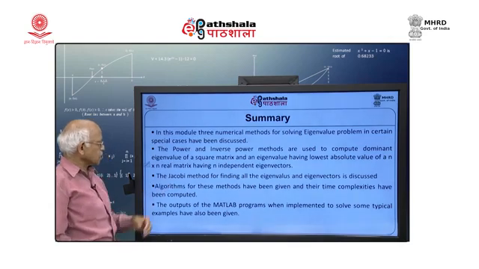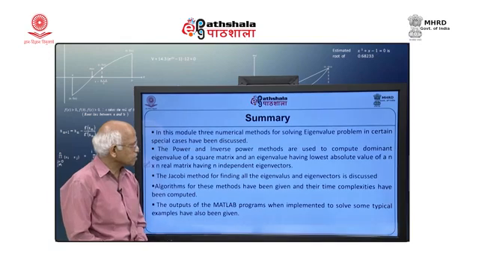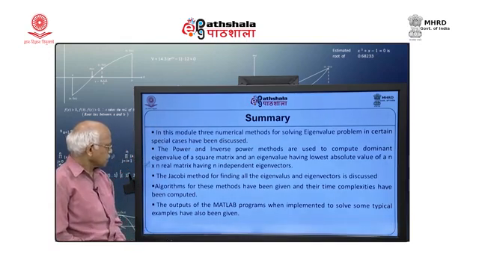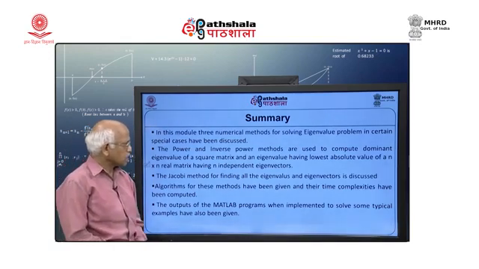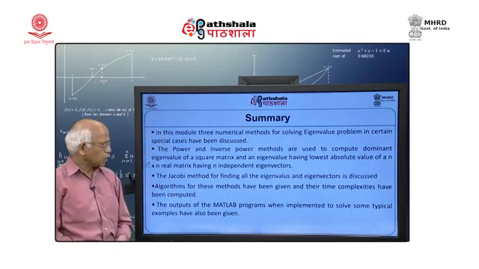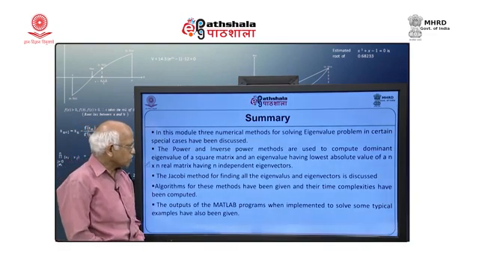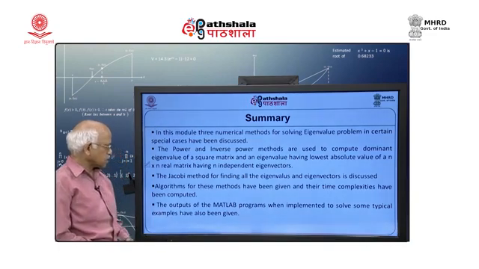We also discussed the Jacobi method for finding all eigenvalues and eigenvectors of a real symmetric matrix. The algorithms for these methods have been given, their time complexities have been discussed, and the output of the MATLAB program implementing these methods has been discussed in the end.